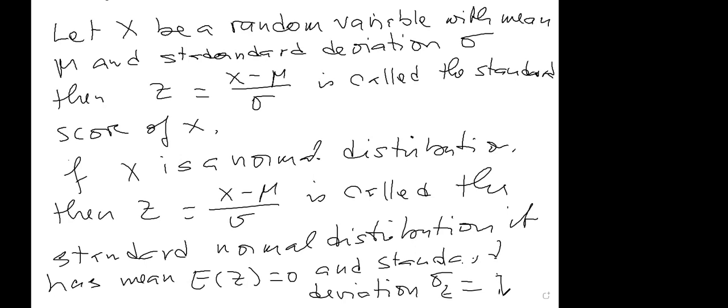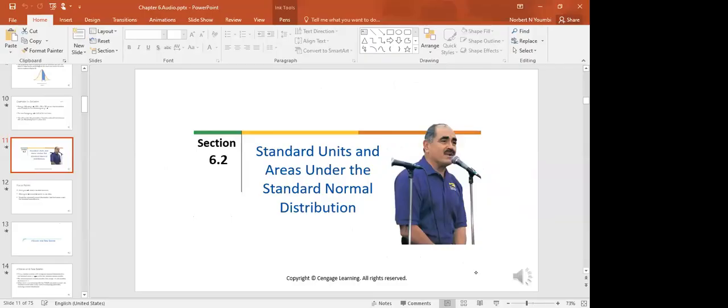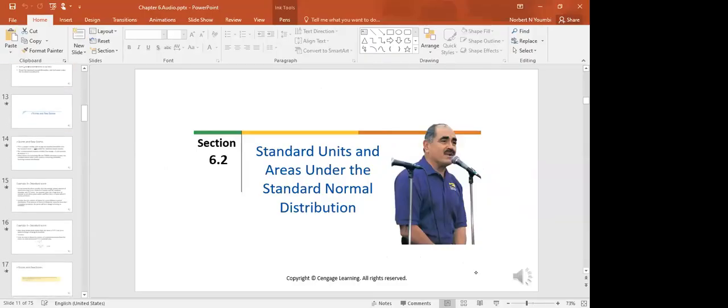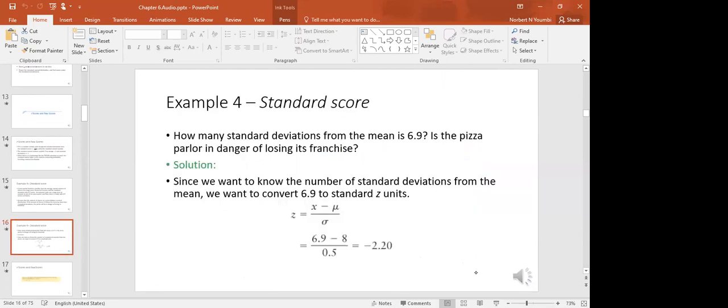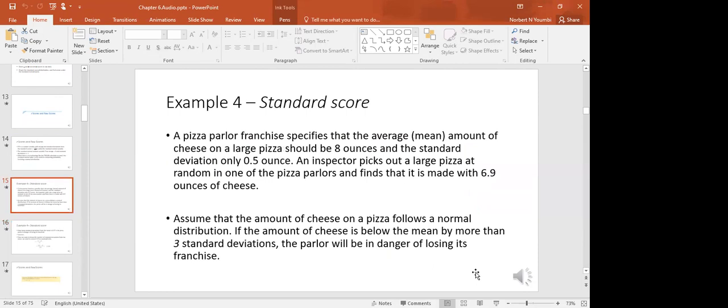Let's look at an example. The Pizza Power franchise specifies that the average amount of cheese on a large pizza should be 8 ounces, and the standard deviation only 0.5 ounces. What does this mean?